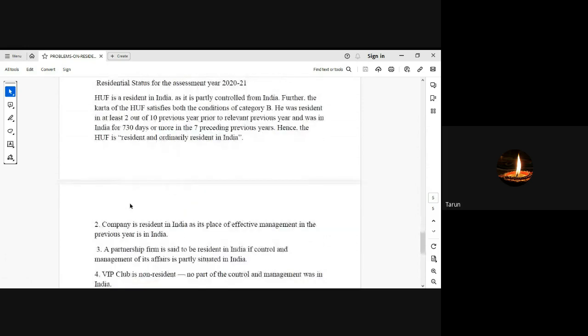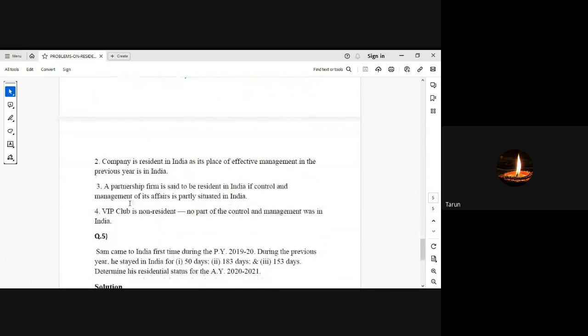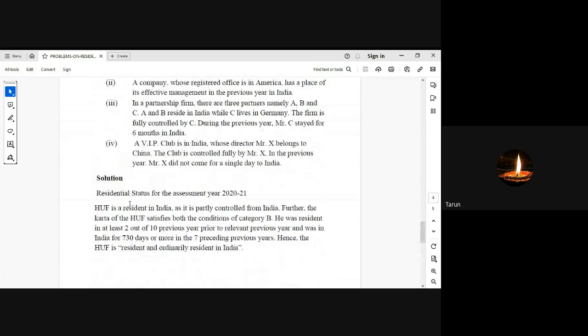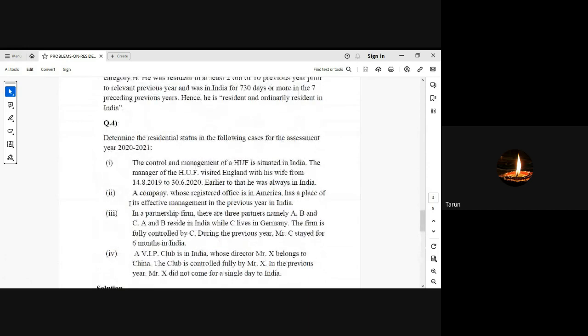So these are the answers given to you one by one. Before you look at the answers, it is very important that you first try these questions yourself, and then match with the answers. If something is wrong, you can easily identify your mistake so that you don't repeat it again, and you can easily understand the concept of residential status, the rules and regulations, and how to apply them in the questions.